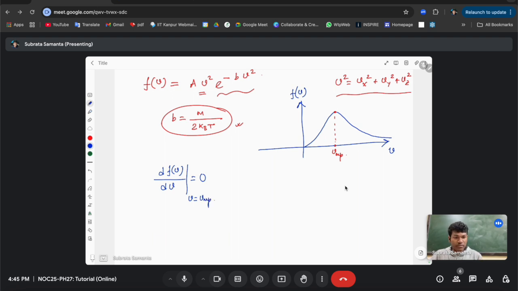I do not know what v_mp is, but I tell you that at v equals v_mp this derivative is 0, and that is what I calculate. If you take the derivative, you get v_mp equals the square root of 2 kB T over m, that is 1 over the square root of B, if we consider this B.